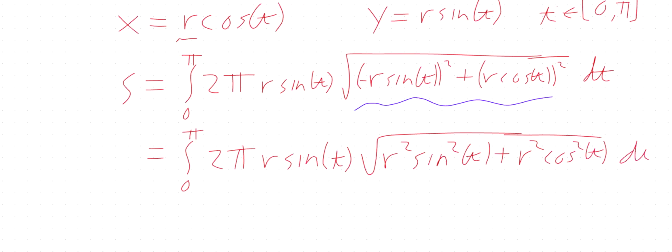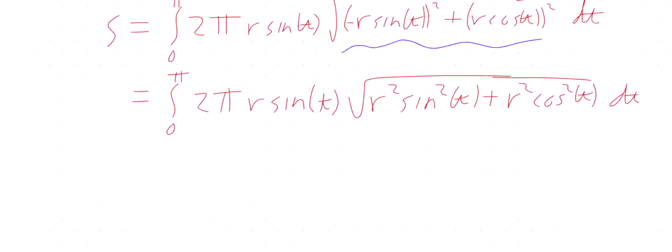Factor out the r squared, we get sine squared plus cosine squared, which is a 1. Square root of 1, just 1. But then we have a square root of our r squared, which will give us the absolute value of r. But since r is positive anyway, it's not going to make a difference. So this whole thing here just becomes r.